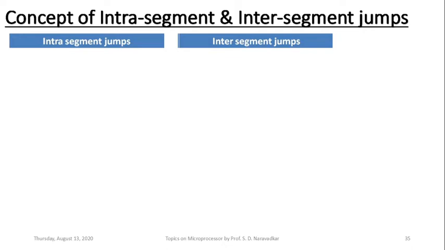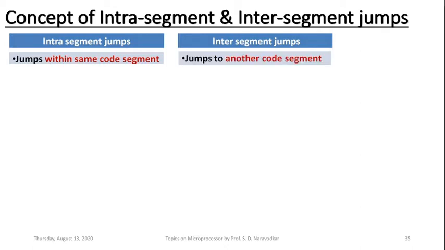Now first of all, the first point: intra-segment is a jump within that same code segment. So the processor will be branching within that same code segment to some non-sequential memory address. Whereas an inter-segment jump on the right side, here the processor jumps to another code segment, leaving behind the earlier code segment.